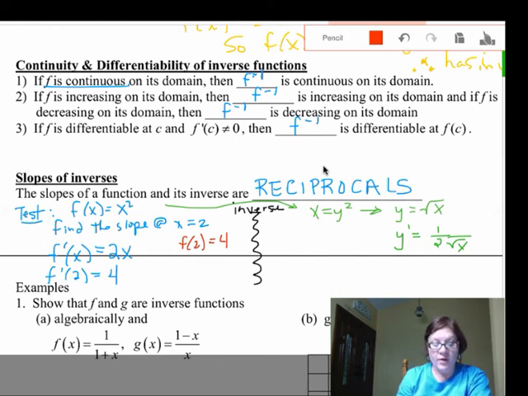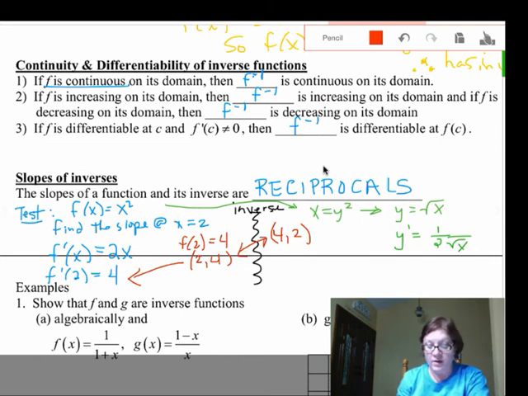So over on the original function side, f of 2 is 4, which means I have the point 2, 4, and that's the slope for it. So over here I have the point 4, 2, because remember, for an inverse, they switch.